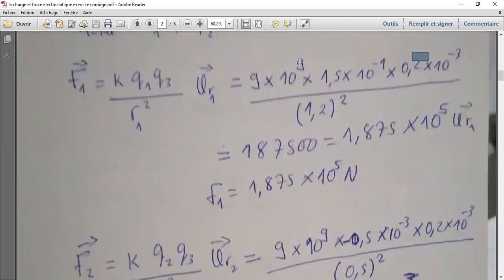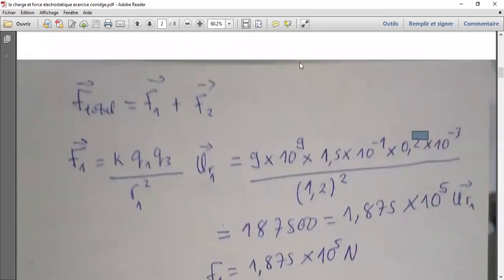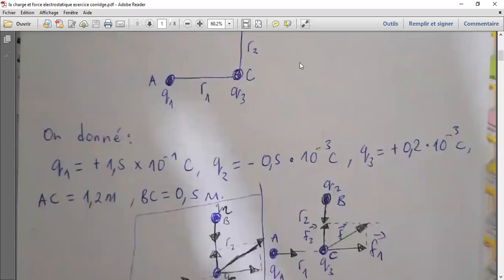Like here in the French system, when you write a point, they'll think that you are multiplying, because for them a dot means multiplication. A comma is the one which serves as the decimal mark.